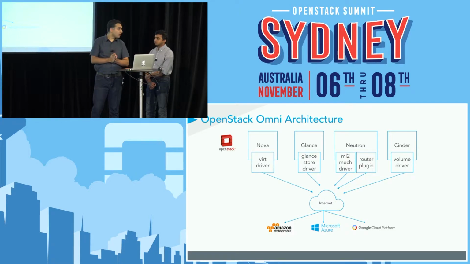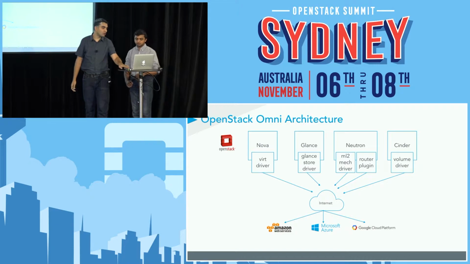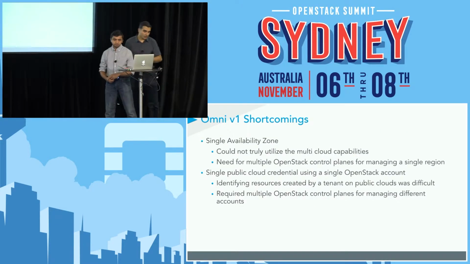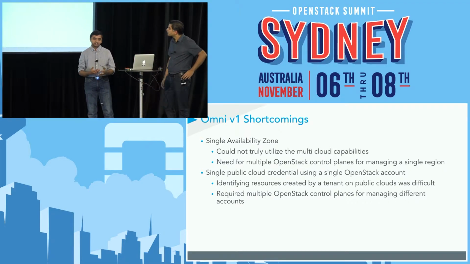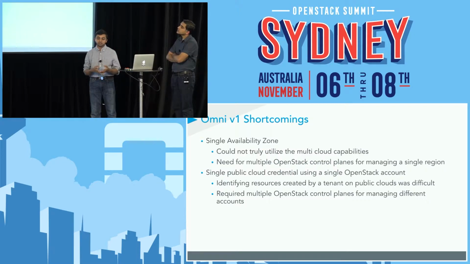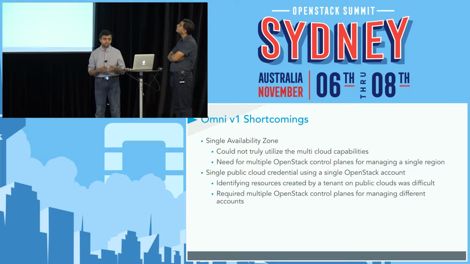So with that, let me hand it over to Pushkar, who will talk about V1 shortcomings. Yeah, so when we started this Omni project, it used to just connect to a single availability zone, and it just connected to a single public cloud account. This had a lot of restrictions.